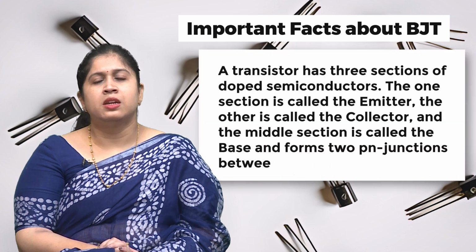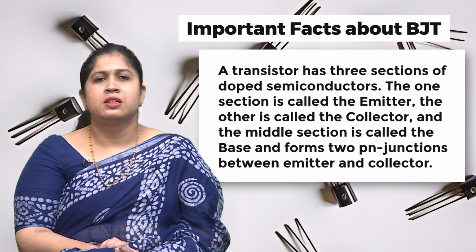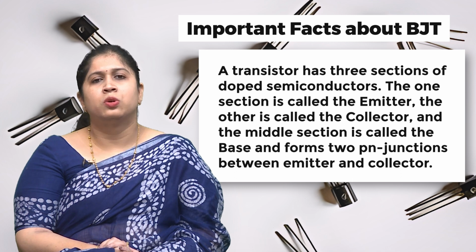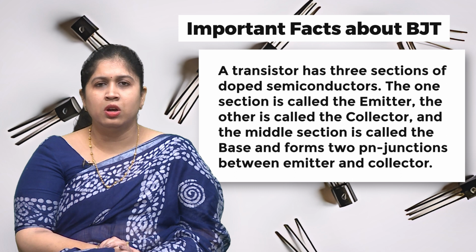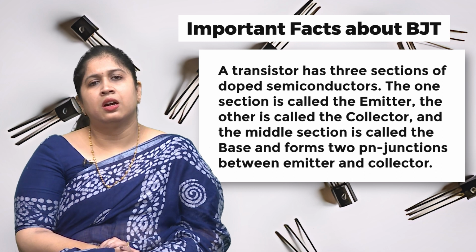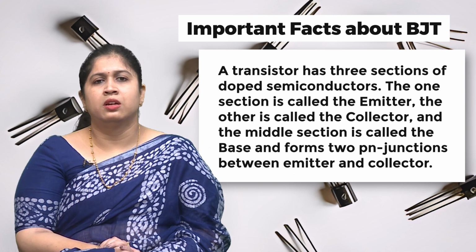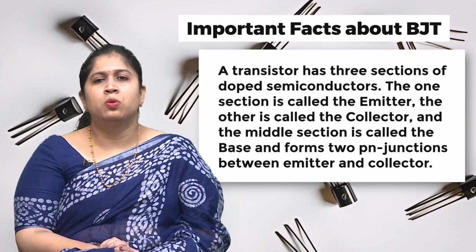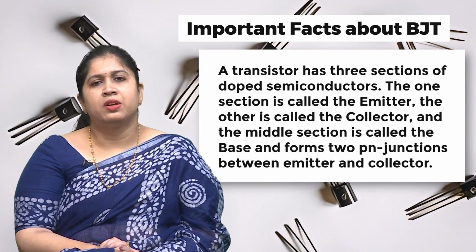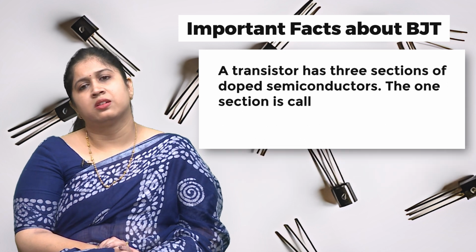A transistor has three sections of doped semiconductors. One section is called the emitter, the other is called the collector, and the middle section is called the base. Two p-n junctions are formed between emitter and collector.